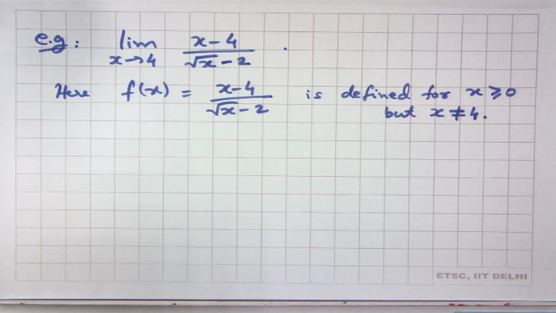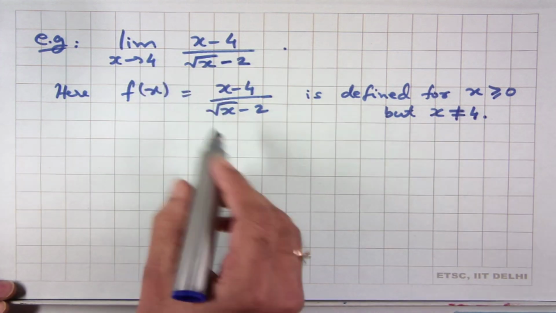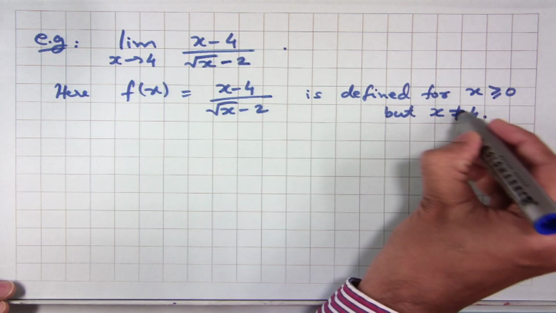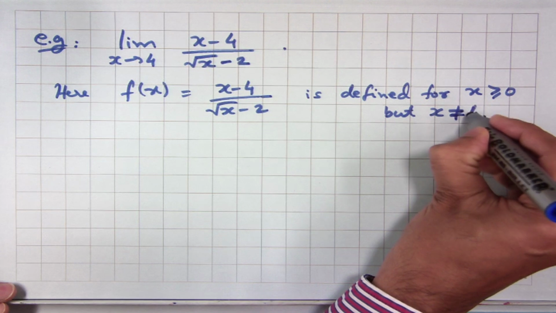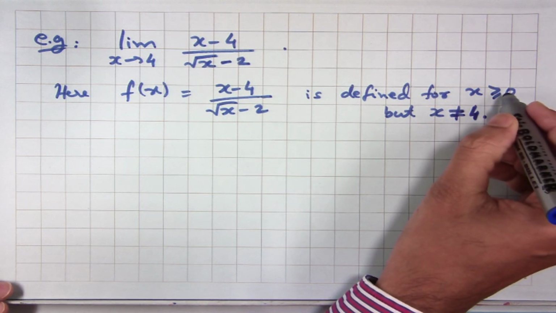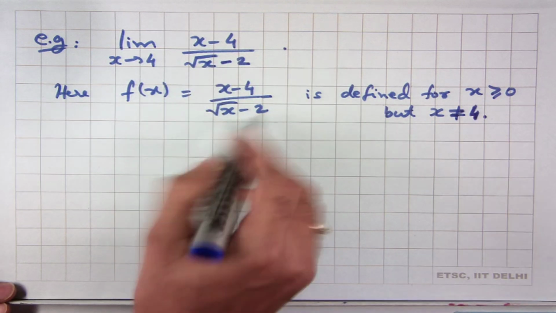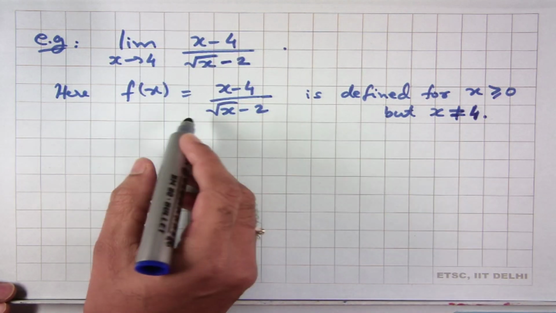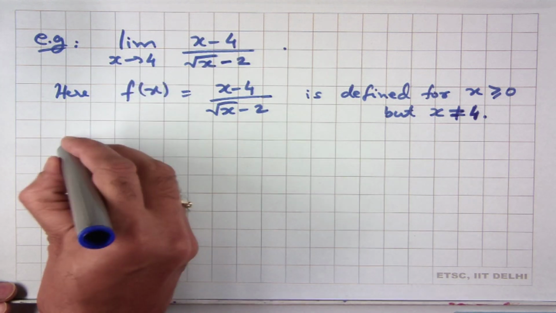So, if I take any interval around 4 which does not contain negative real numbers, then this function is defined and we want to know what is the limit. So, we can talk about the limit of this function.